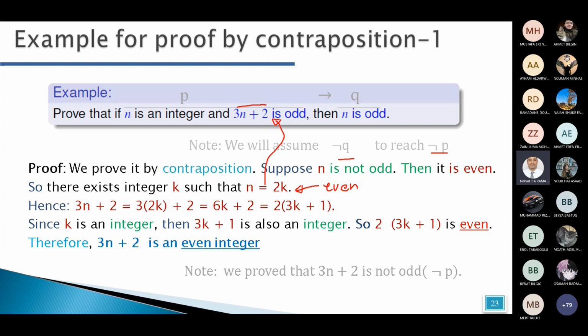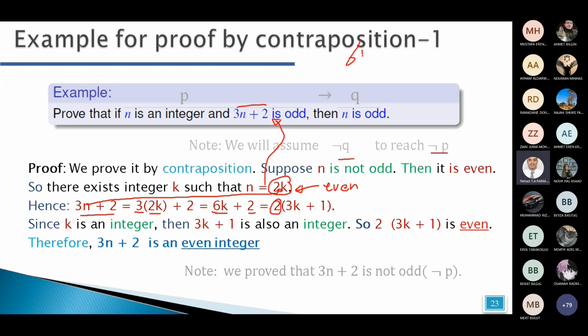The statement 3n plus 2. Now take the value of n from here. So 3 multiplied by the value of n, which is 2k, plus 2, is equal to 6k plus 2. Okay, with 6 and 2, we can take 2 outside, yes?